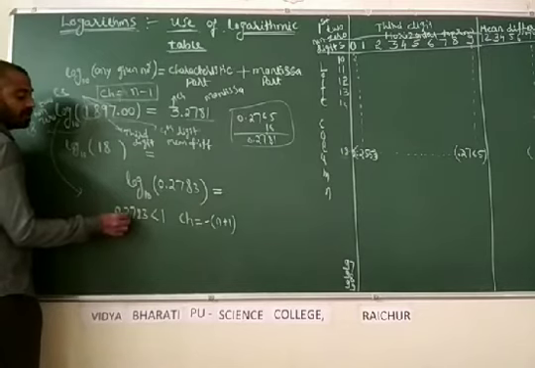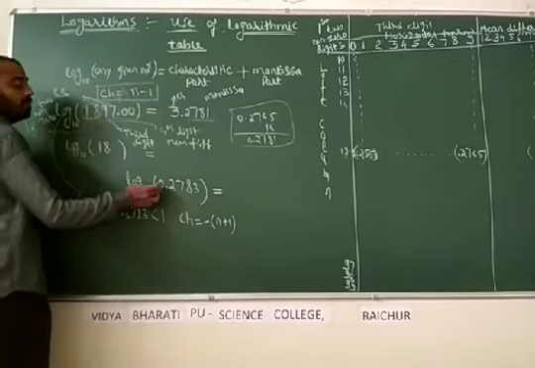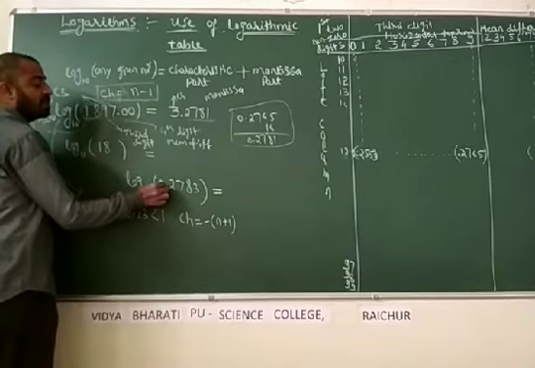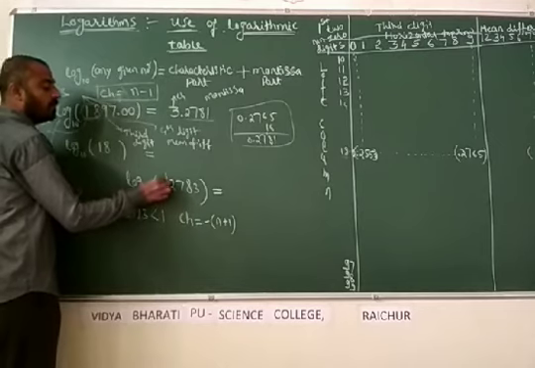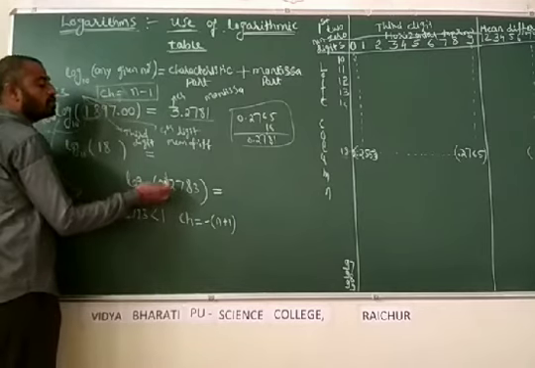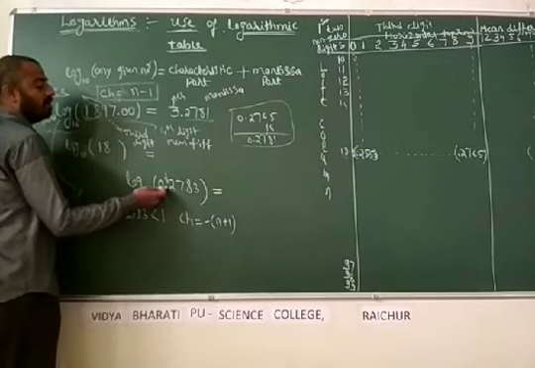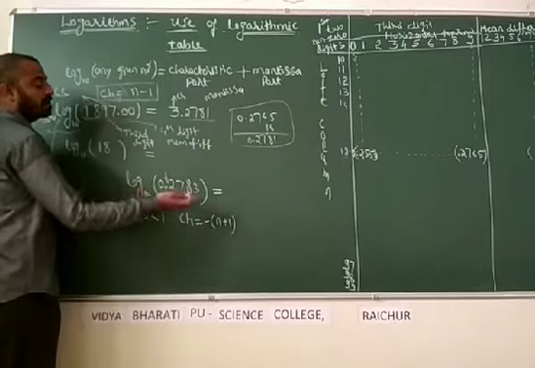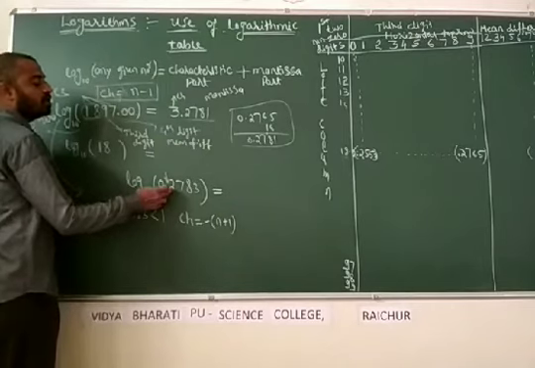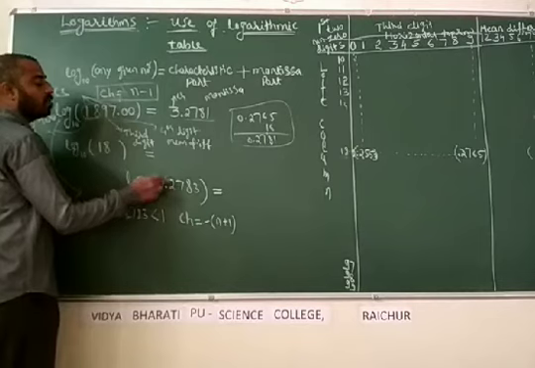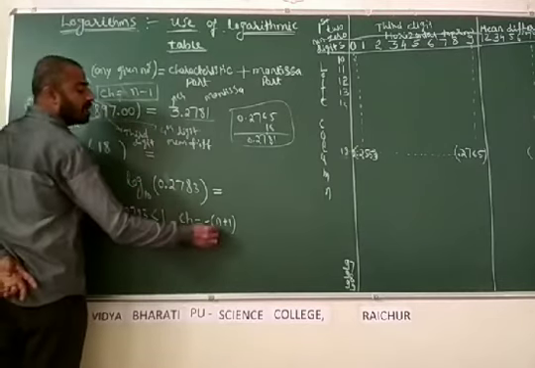What is the non-zero digit there? 2. After this decimal point, before this non-zero digit 2, how many zeros are there? No zeros at all. There are no zeros, which means n itself is 0.